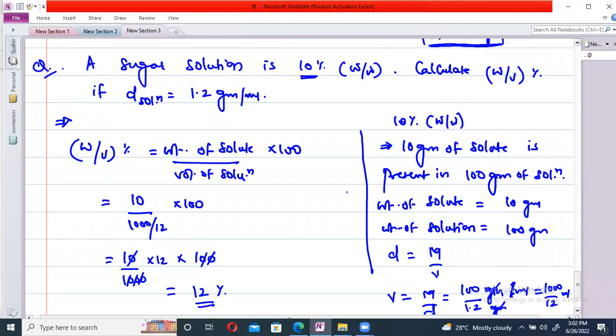Means if the solution is 10% W by W, then it is 12% W by V percentage, right? So this is one of the examples which I have discussed with you. After that, we'll go with finding the mass of the solute and all that part we'll see in our next video.